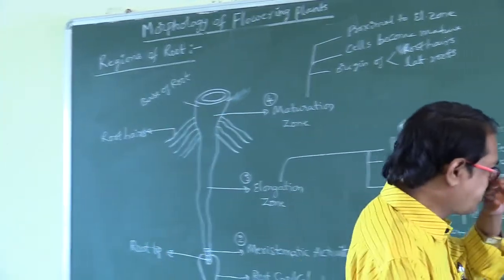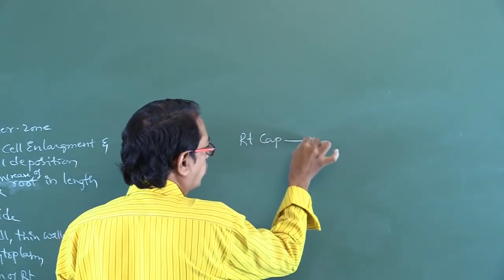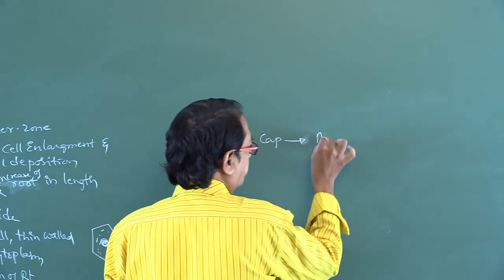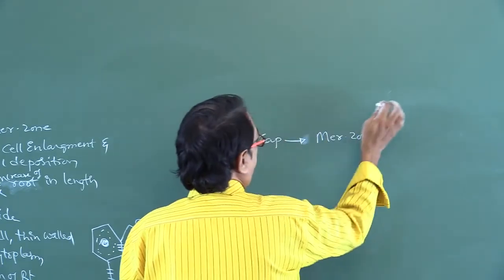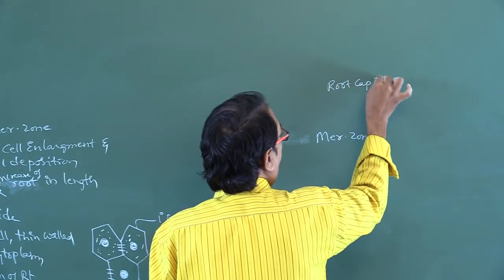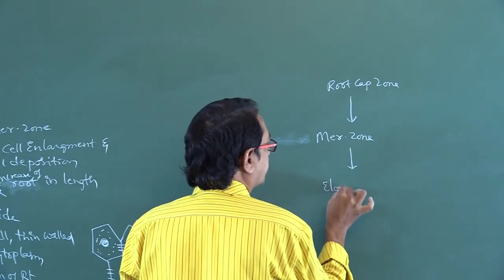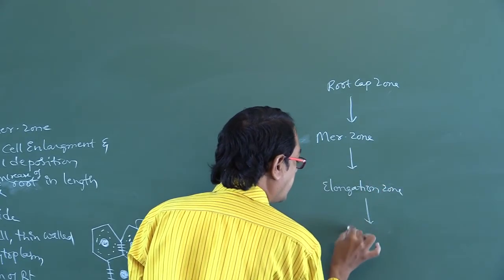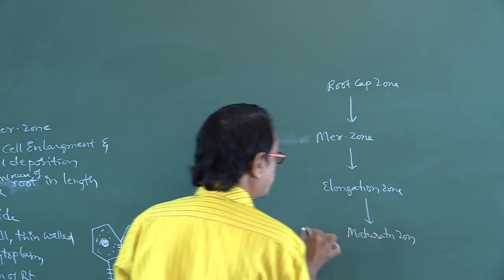Right. If they ask like this, the first one is the root cap zone, later the meristematic zone, next the elongation zone, and finally the maturation zone.